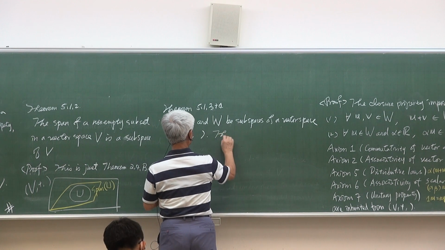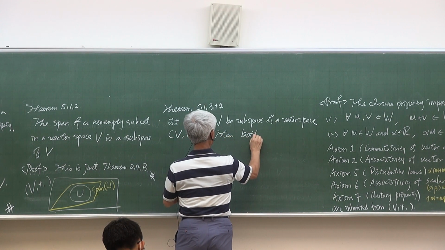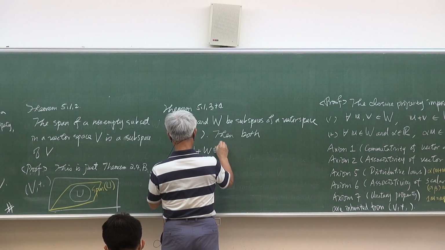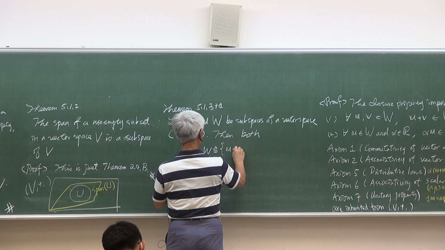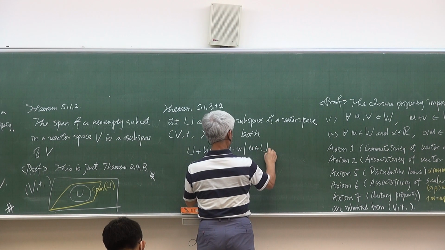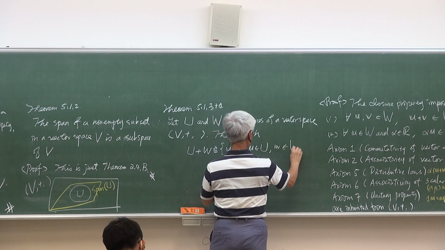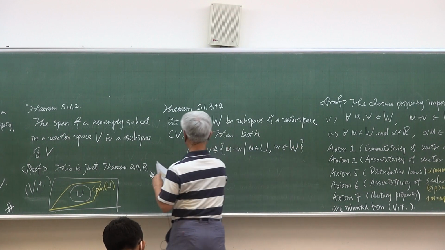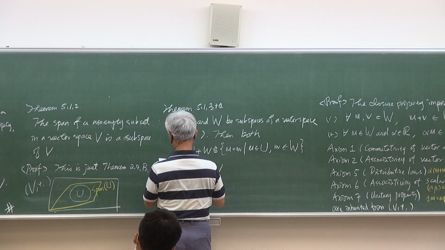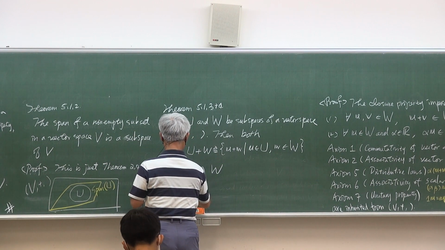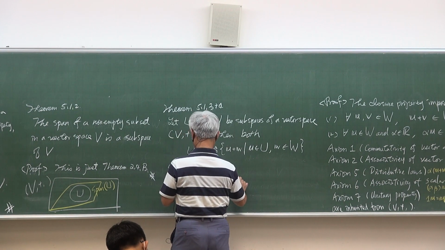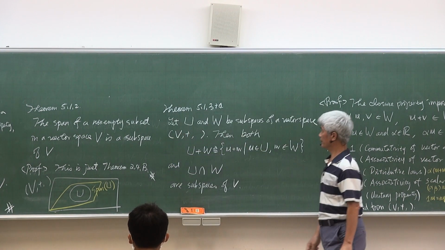Then both U plus W, defined to be the set of sums u plus w, and U intersect W are subspaces of V. Okay?